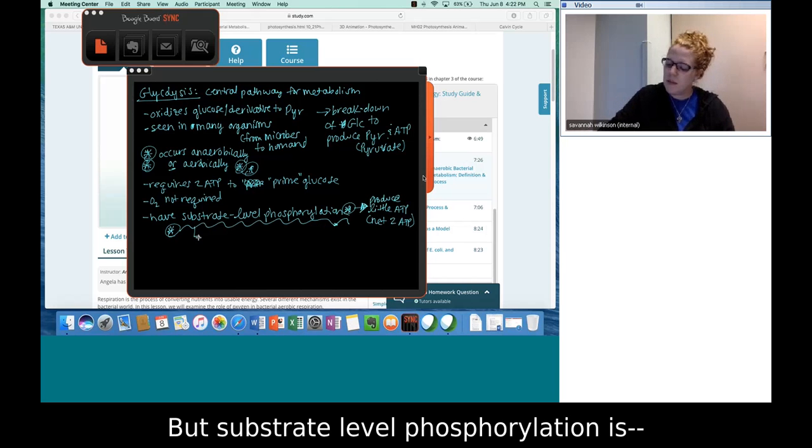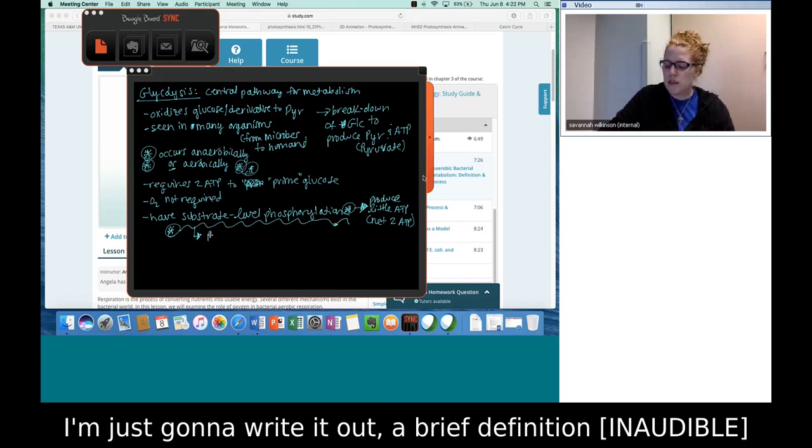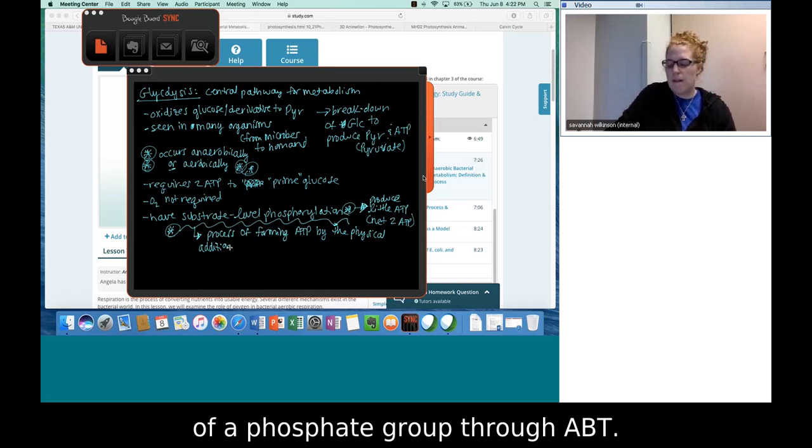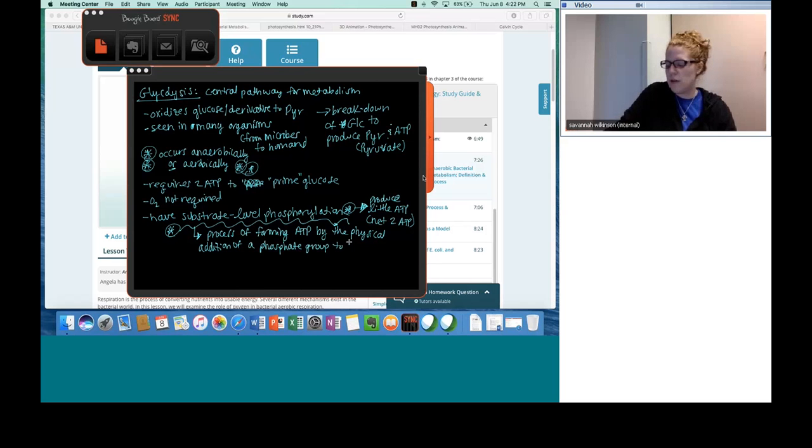But substrate level phosphorylation is, I'm just going to write out a brief definition. It's the process of forming ATP by the physical addition of a phosphate group to ADP.